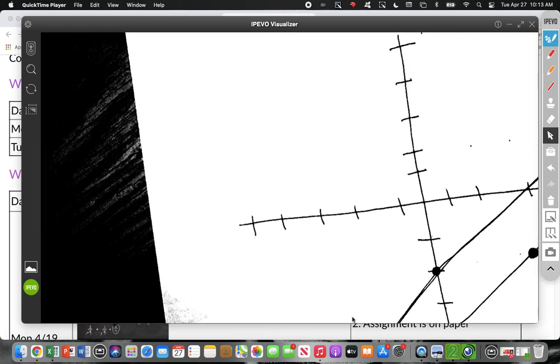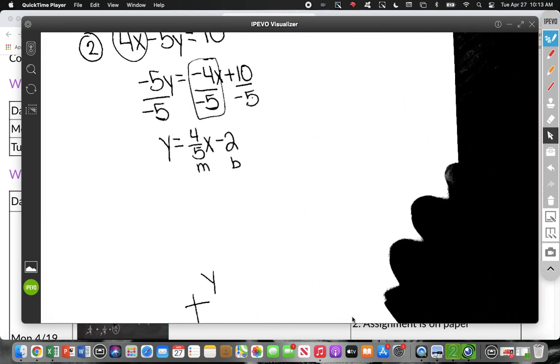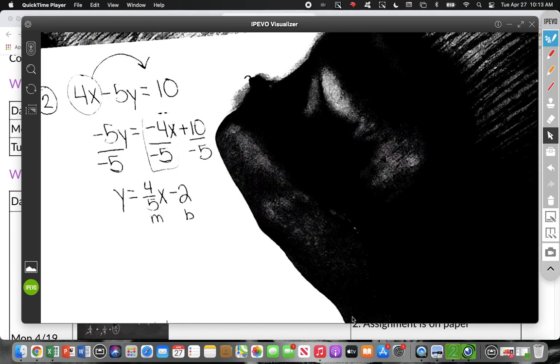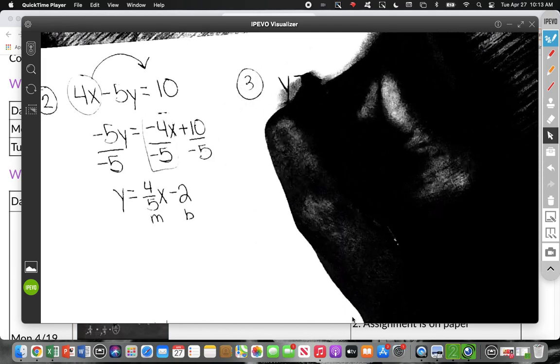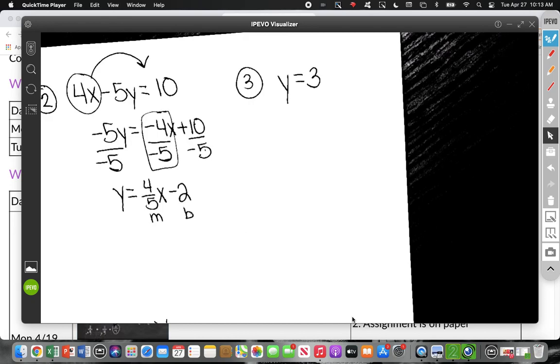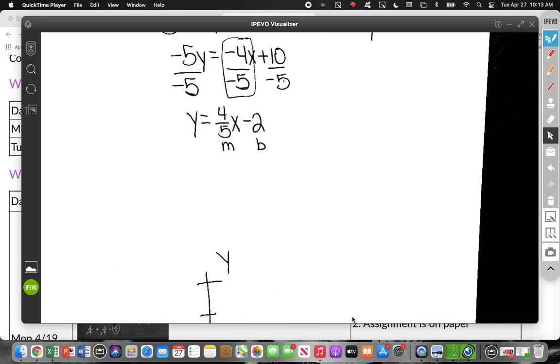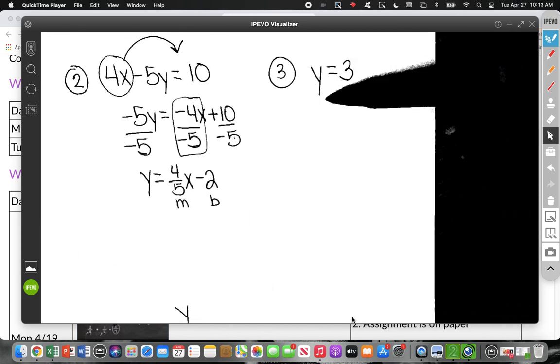All right, now I have a couple other equations. It's been a while since we've done this, but do you guys remember how to graph this? If it's just y equals 3. Yeah, no, you just start at 0 and then go 3 and over 1. Not over 1. All right, so does this have an x?